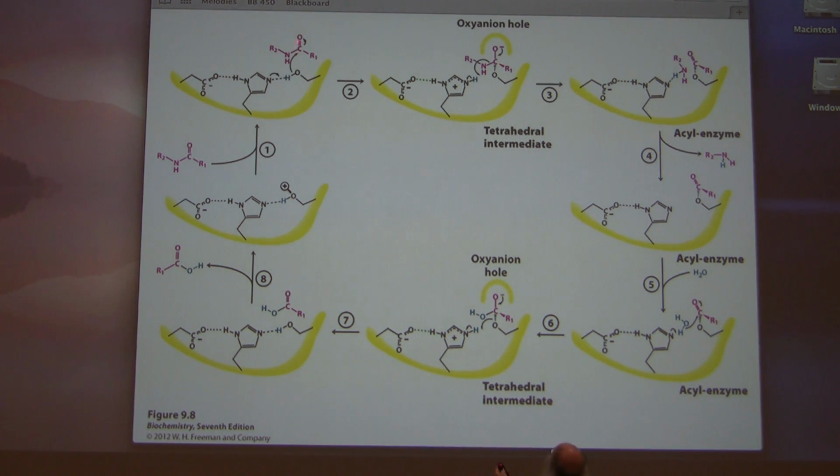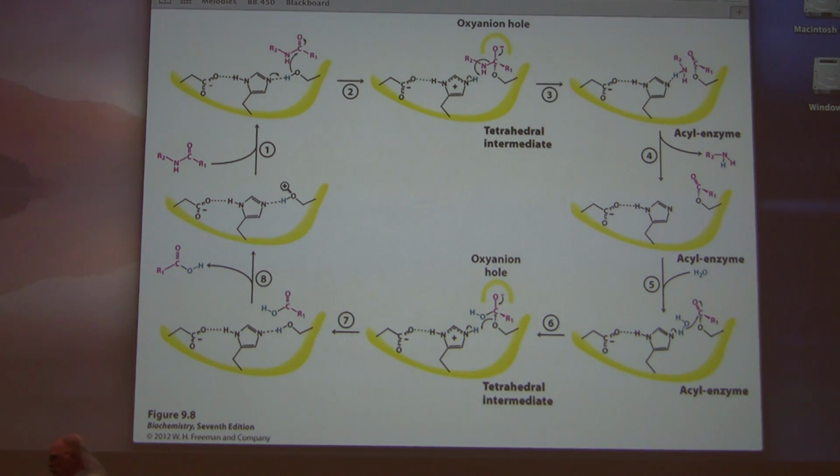It's this carbonyl of the peptide bond. The binding of the oxygen to the carbonyl produces a break in the peptide bond right there. Sorry, we haven't broken it. We're in the process of breaking it here. We will break it over here. And there's a transient tetrahedral intermediate that's created right here.